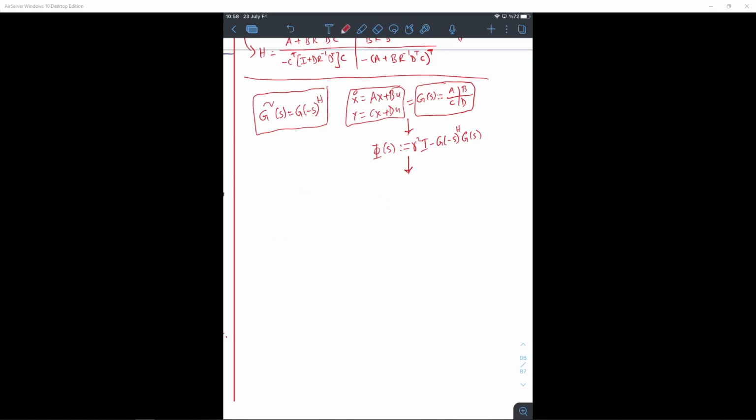Since we get this, okay, done. Phi inverse of s, since this is a transfer function, we are going to find its own A, B, C, D, right?